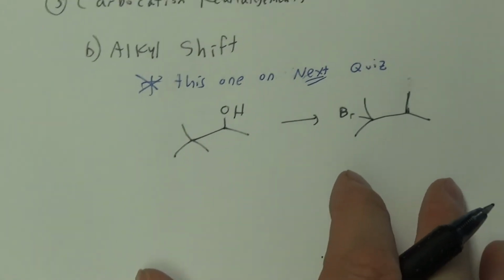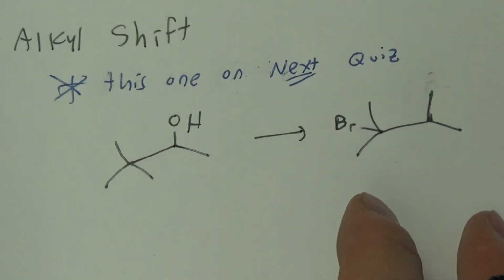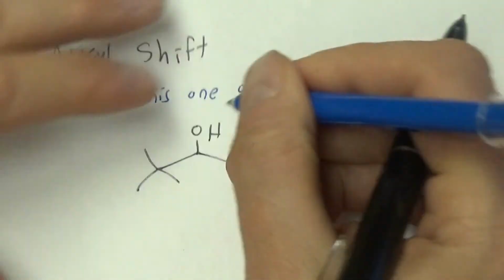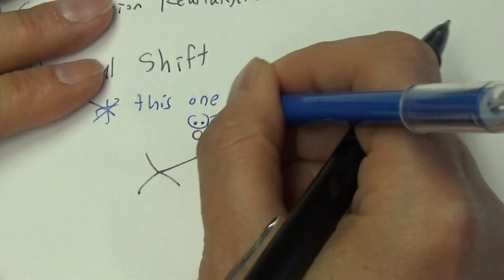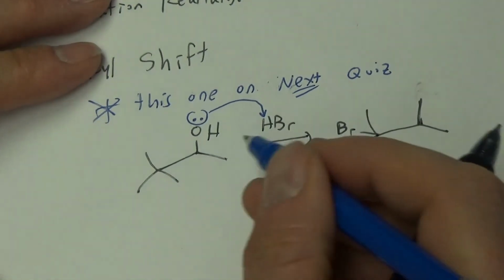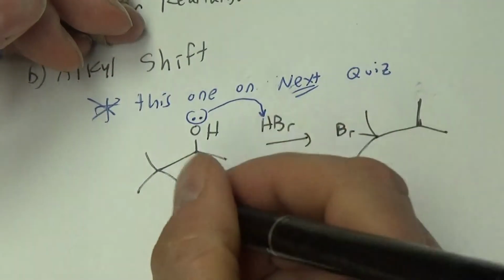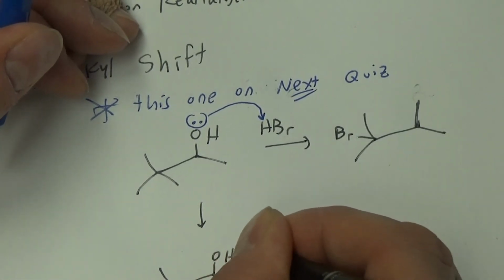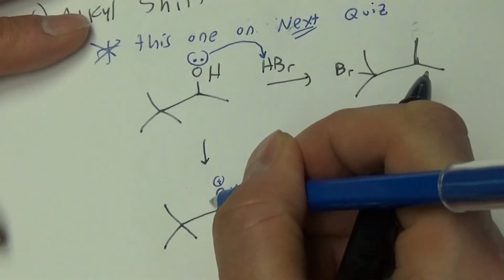This is it in a nutshell. It's called Alkyl Shift instead of Hydride Shift. I'll definitely go over this in detail next time, but it's the same thing. Protonate, leaving group goes away.